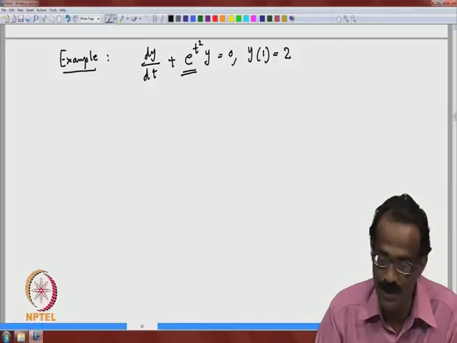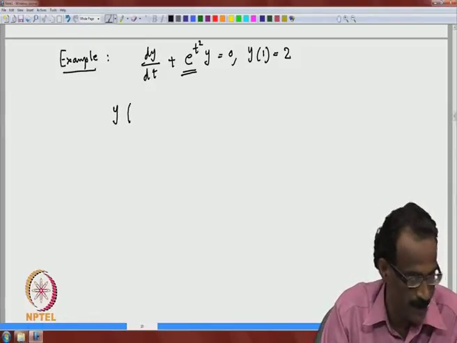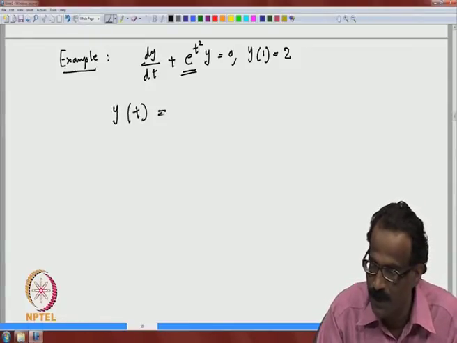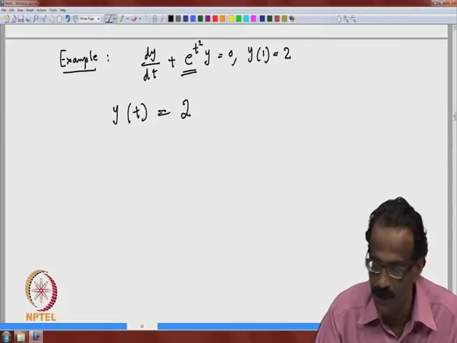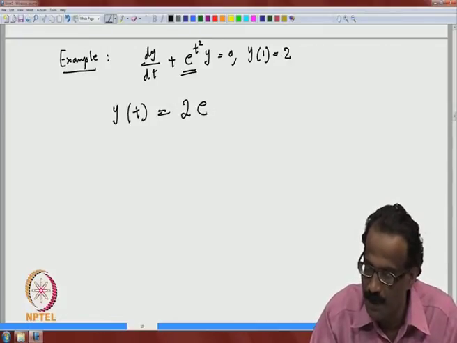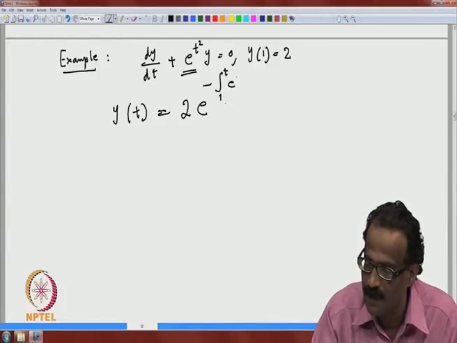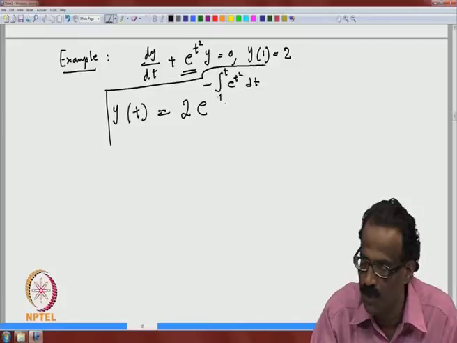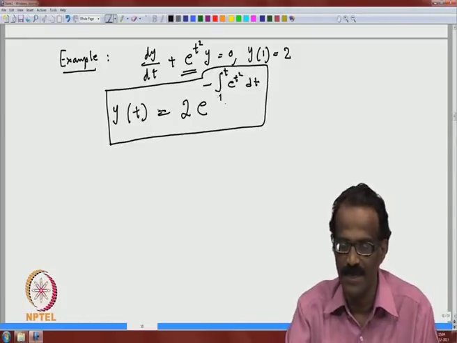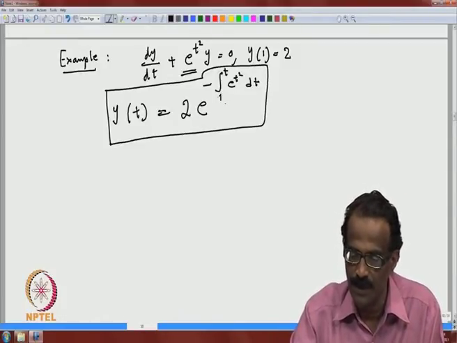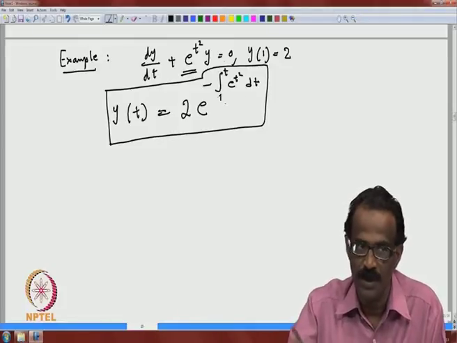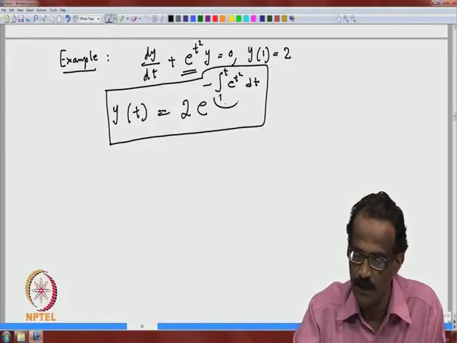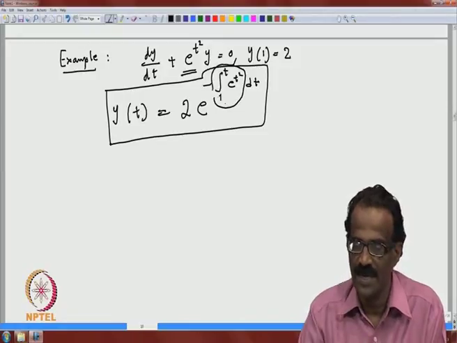So, you can only write your solution y(t) is equal to the initial value, say 2, into e power minus integral t naught to t of e power s square ds. You cannot do more than that, because it is not possible to write this integral explicitly.